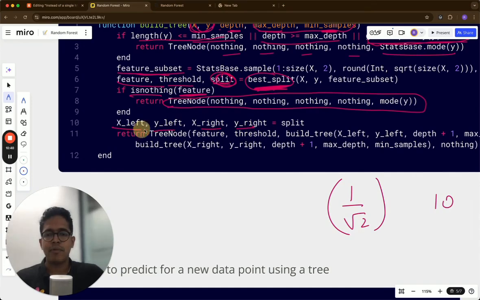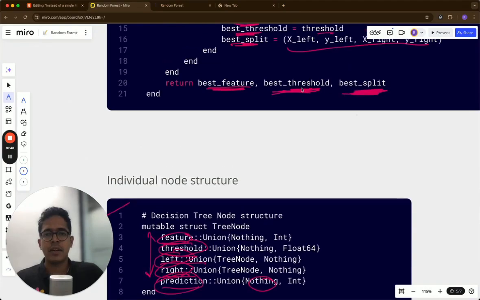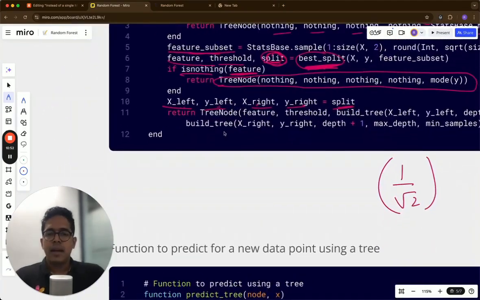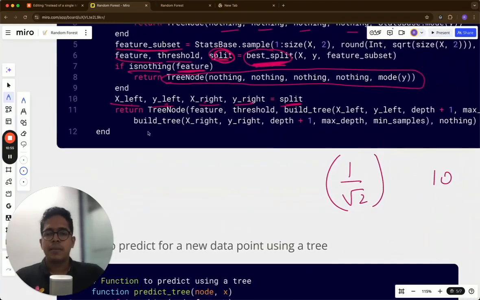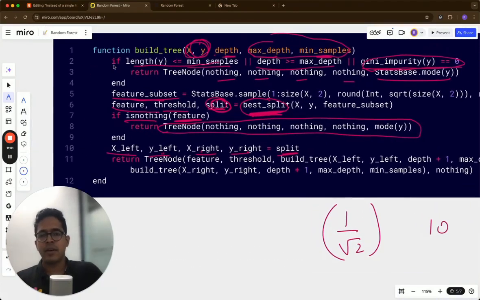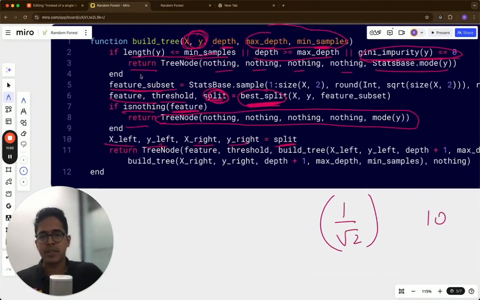So you have the left branch features, left branch label, right branch features, right branch label equal to the current best split. The current best split is whatever is returned by the best split function. And then the node that we return finally is what we return if the function did not return anything in the previous 2 if conditions.